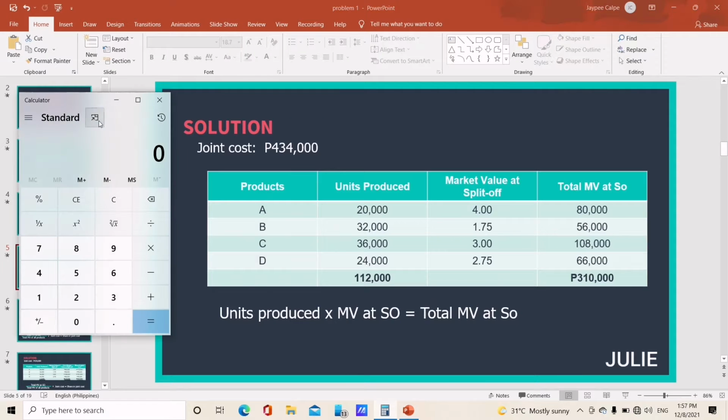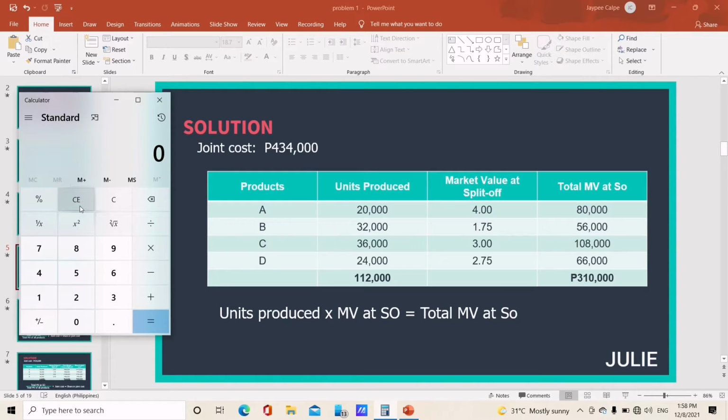Going to use the calculator. So 20,000 multiplied to 4.00, we have 80,000 for product A. So for product B, 32,000 times 1.75, we have 56,000.